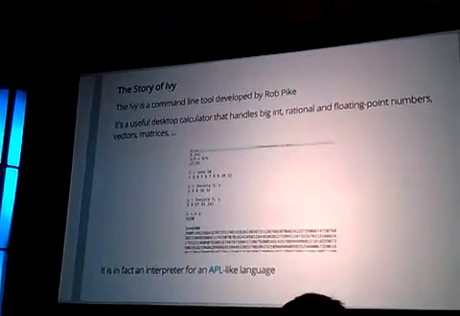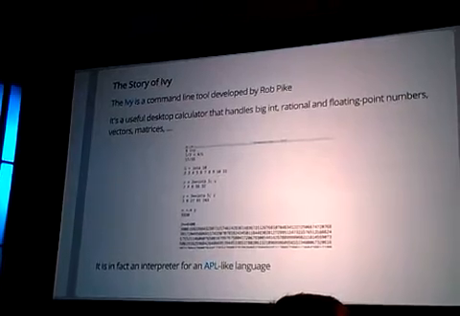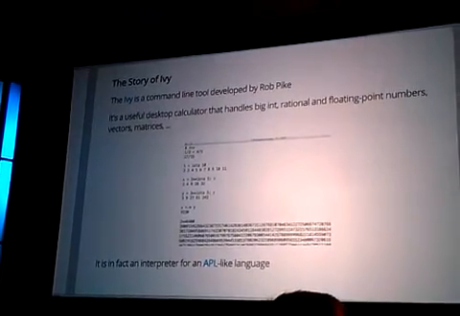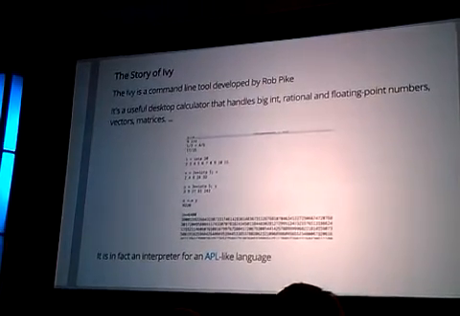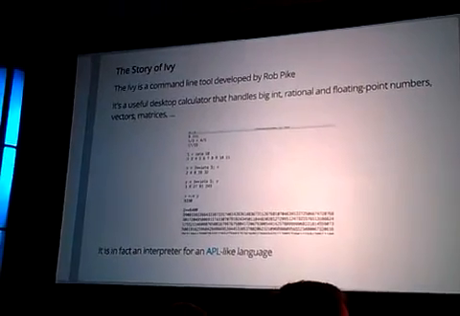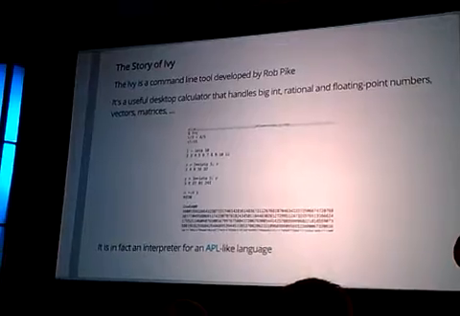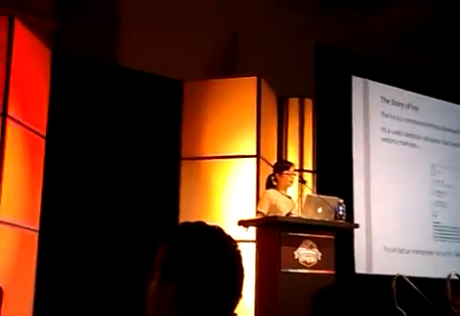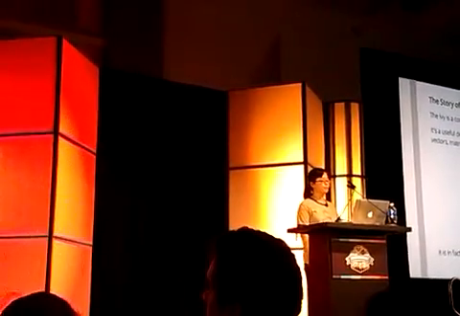So, have I ever used this tool for mobile app development? Actually, I usually work on this tool, the mobile bind tool. Recently I built a new app called ivy. Ivy is a command line tool developed by Rob Pike, and it's basically a desktop calculator that handles big integers, rationals, and floating point numbers, vectors and matrices.